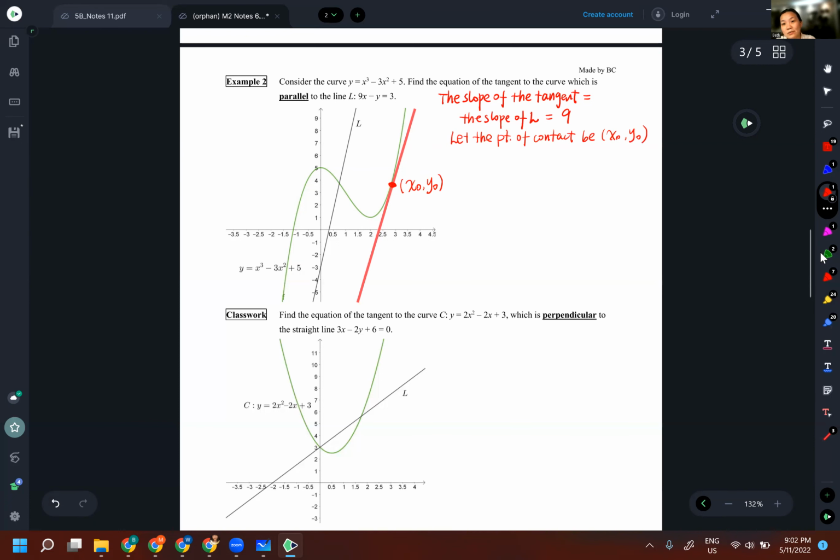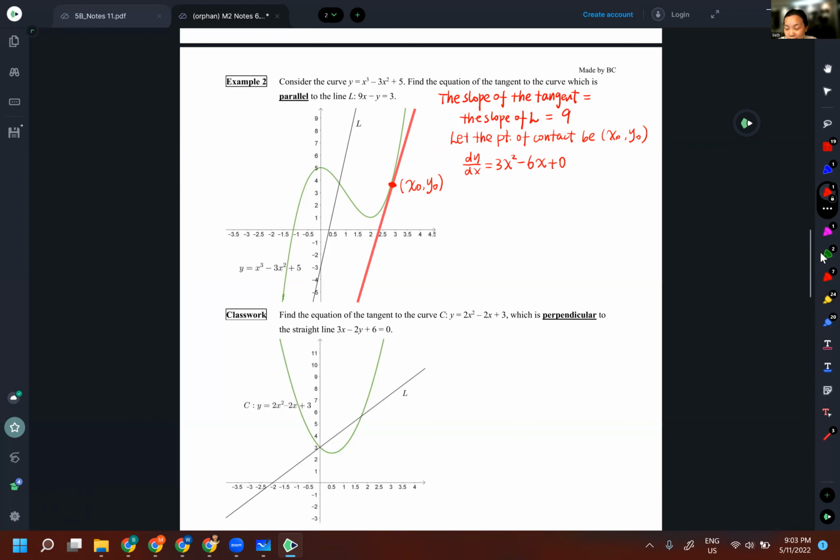And we're going to set up an equation to find X0 and Y0. First, dy dx equals 3x squared minus 6x plus 0.